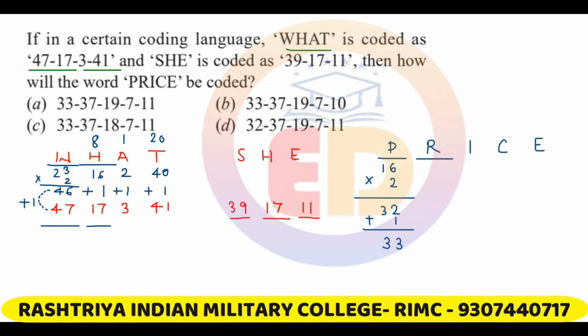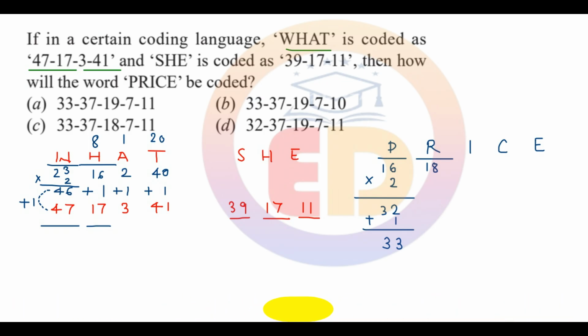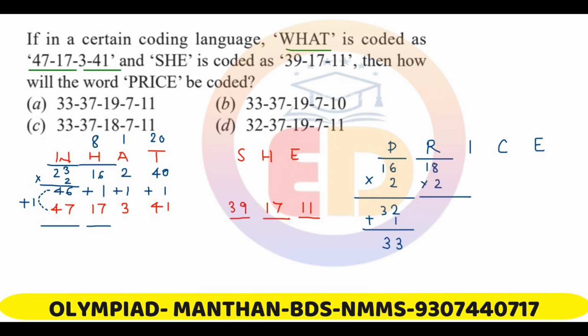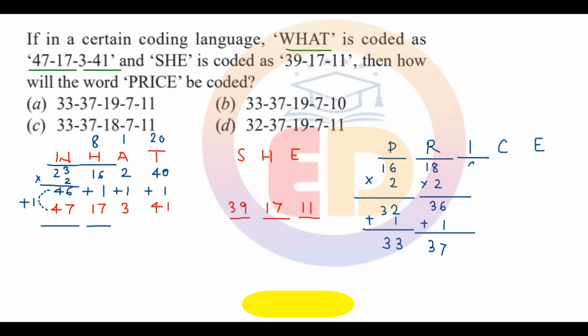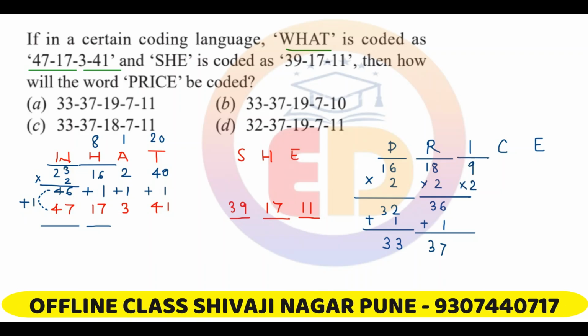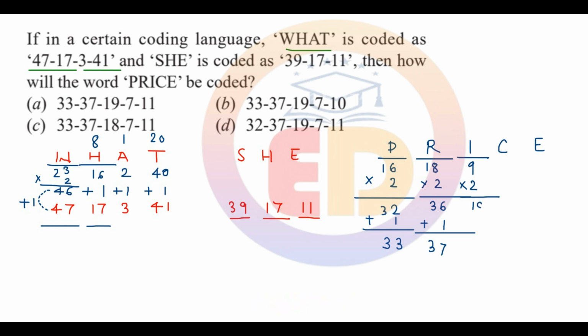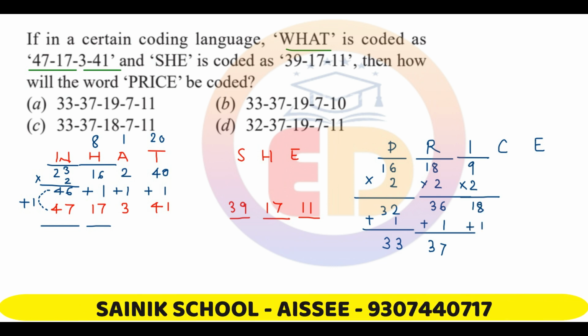R is 18 multiplied by 2 is 36, plus 1 will be 37. I is 9 into 2 is 18, plus 1 is 19.